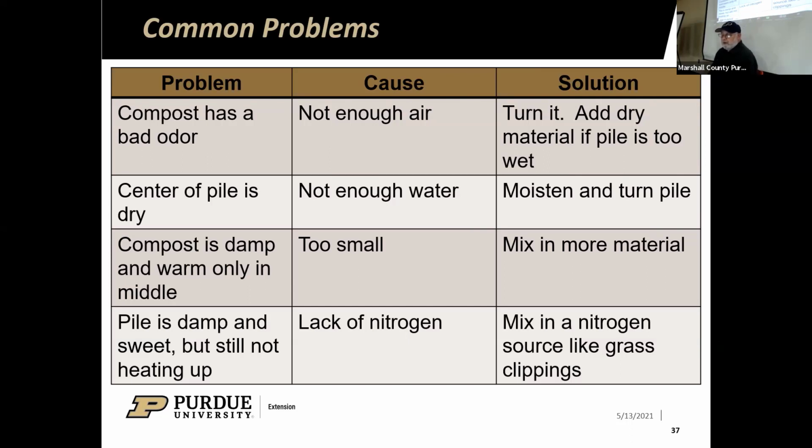The other situation could be we actually have too much nitrogen, and that'll put out an odor as well. So a good compost pile should be heating up, not have a lot of odor to it. And we just need to remember to turn it occasionally to help turn what's on the edges to the center so the heat can take out the problems in that as well.